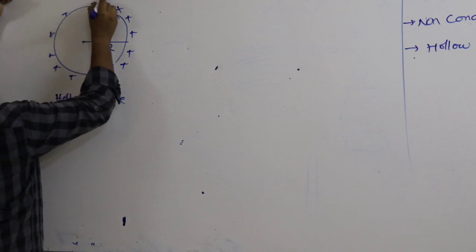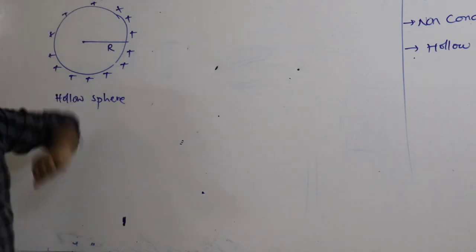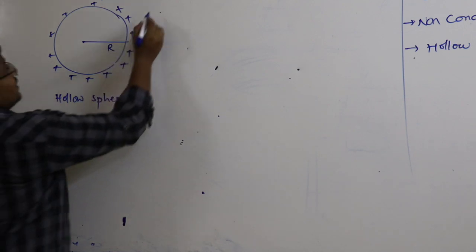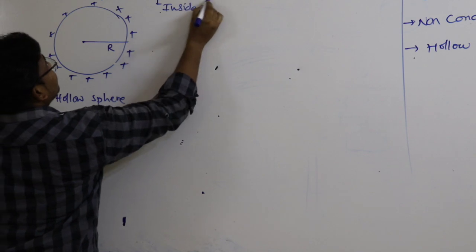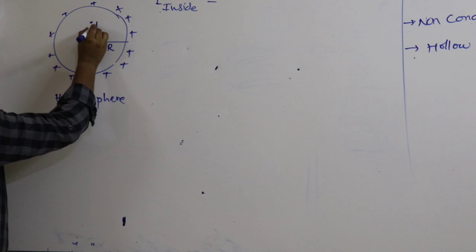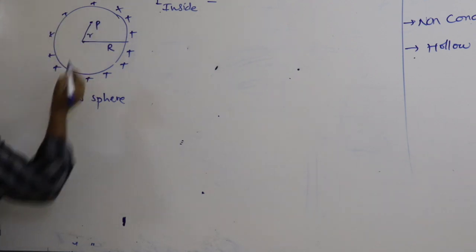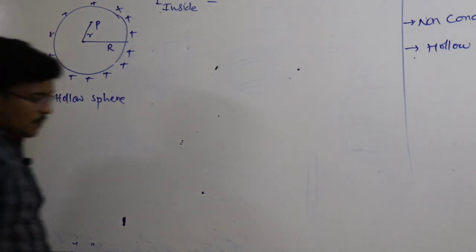Now we would like to find the electric field at some points. Firstly, I am finding the electric field inside the sphere. Inside means I am taking a point P inside at a distance of small r. Now at this point, how much field will be there?